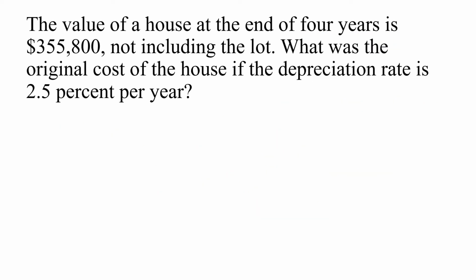The value of a house at the end of 4 years is $355,800, not including the lot. What was the original cost of the house if the depreciation rate is 2.5% per year? So what we do is we've got 4 years, so let's turn our percent into a decimal, which is 0.025, times 4 years gives us 0.10.